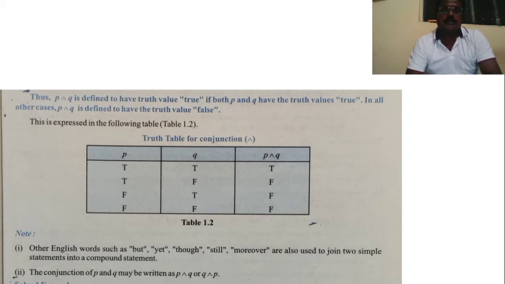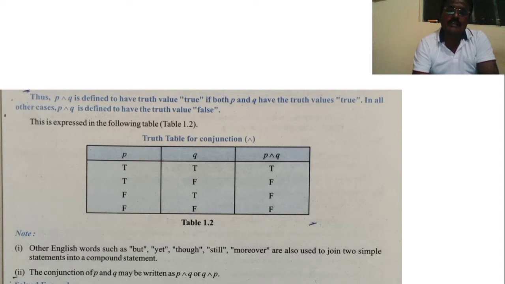Then we write the truth table for this conjunction, that is and. The first column is statement P, the second column is statement Q, and the third column is P and Q, the compound statement.